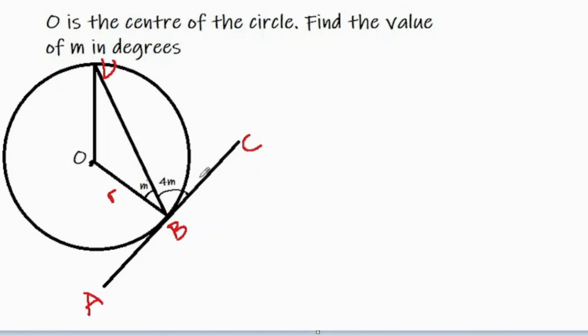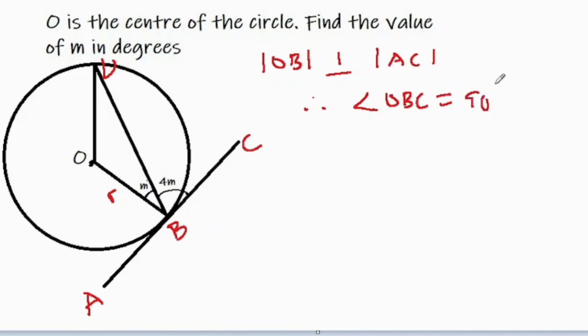So therefore, angle OBC is 90 degrees because OB is perpendicular to AC. So we write this that OB is perpendicular to line AC. So therefore, angle OBC is equal to 90 degrees.